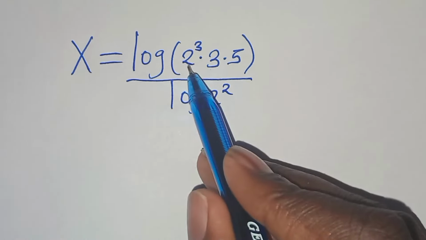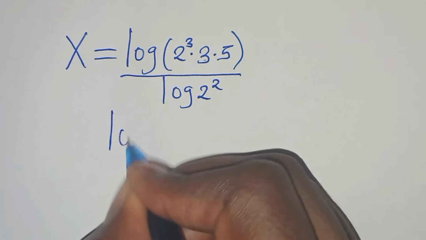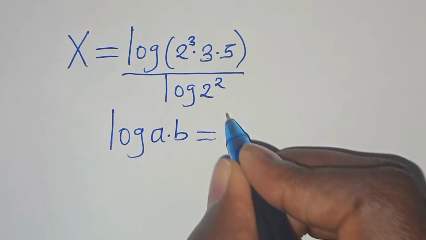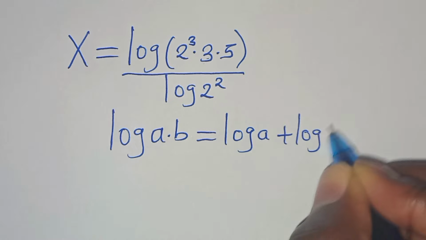Now we have that log of 2 to the power of 3 times 3 times 5 is in the form of log of a multiplied by b, which can be expressed as log a plus log b.